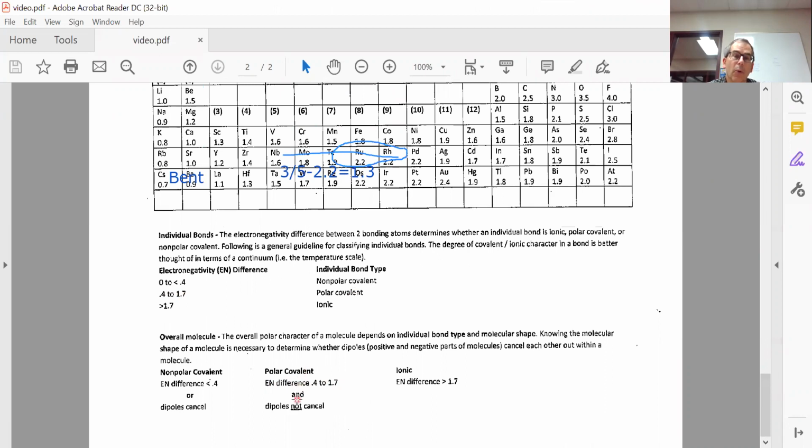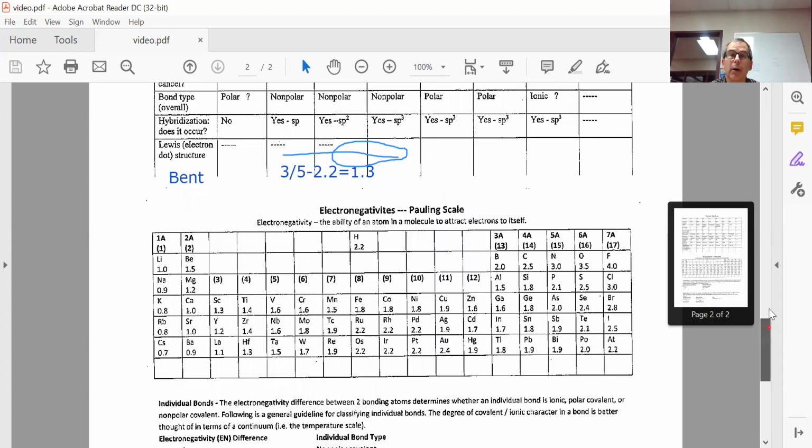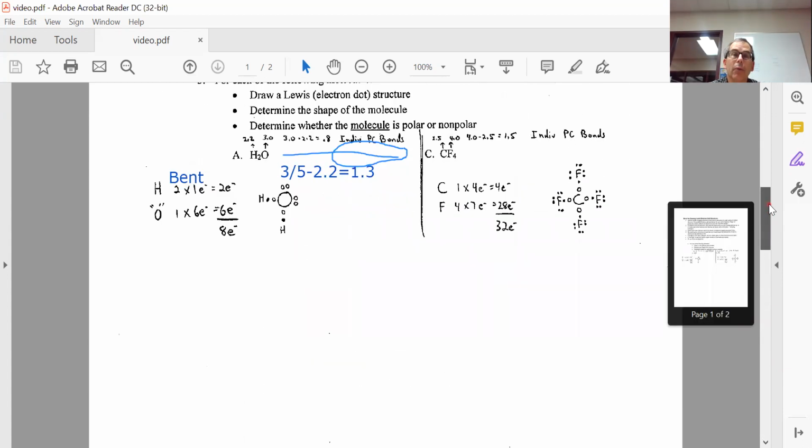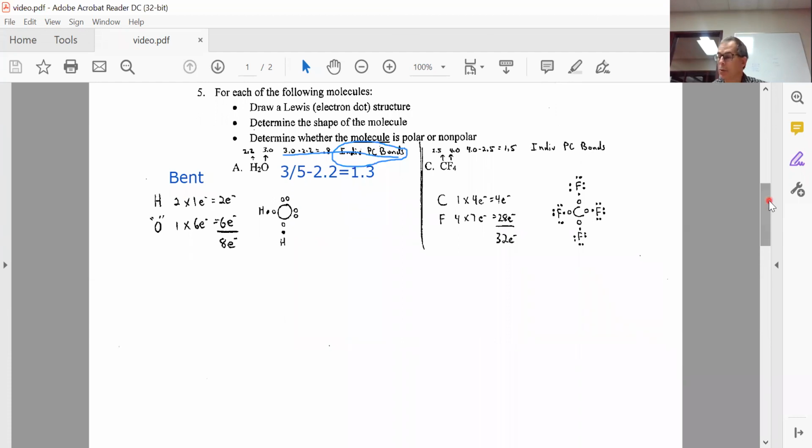Now, the other thing to be polar covalent, the dipoles are not canceling each other out. So we've got to look at our structure right here. And we can go back up here if we want to. And do these dipoles cancel out? No, it's more negative by this oxygen, more negative up here. So near the top, it's more negative. Near the bottom, it's more positive.